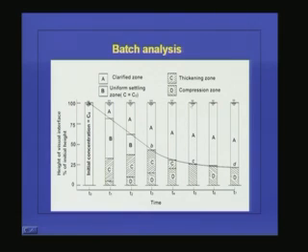This is the initial stage, when the initial concentration of the particles is equal to C naught. After time t1, what is happening? The clarified zone is coming up to here and the entire sludge is settling as a zone, as a blanket. That is why it is known as zone settling. So, we know the height of this clarified zone.